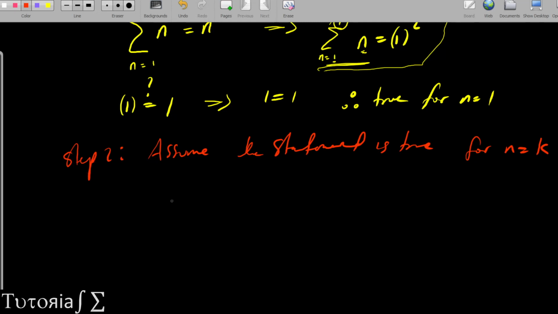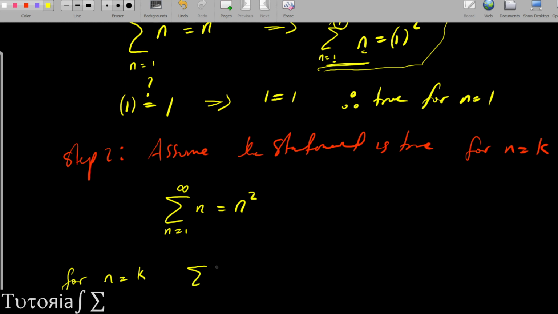So we basically have what we've been given, the summation. We write that first: the summation from n equals 1 to n of n is equal to n squared. Now for n equals k, where there is n, we can put k.